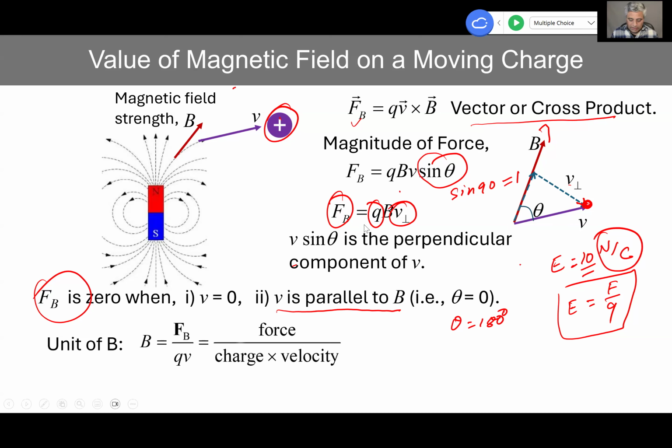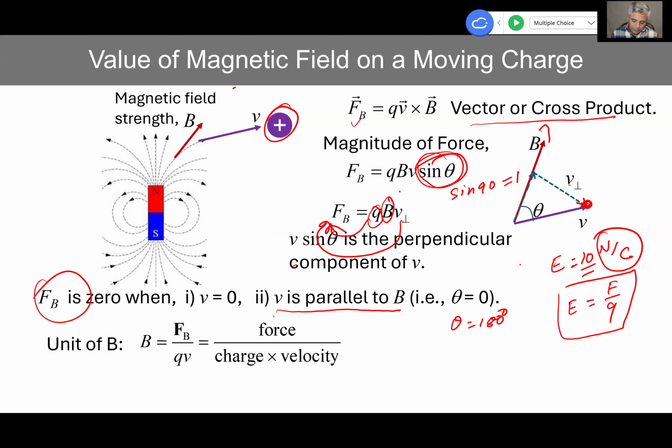So let's solve for B. We are just finding the unit, and this sine theta does not have a unit, so we don't need to worry about it. So I am just rewriting this equation by solving for B. So this Q is going to go in the denominator, and V is going to go in the denominator.